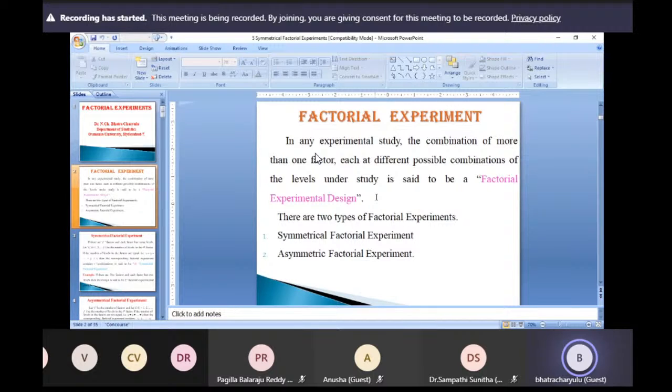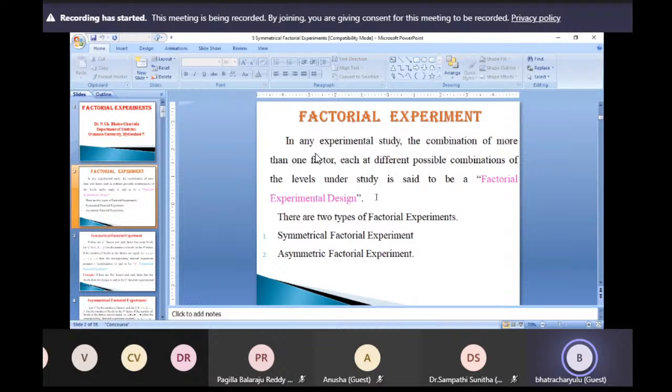Like 250 I'm treating as a low level, 500 is a high level. So I'm mixing nitrogen at two levels, 250 grams and 500 grams. Phosphorus 250 grams, 500 grams. And potassium also 250 grams and 500 grams.